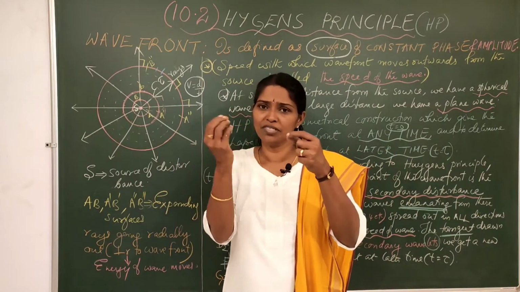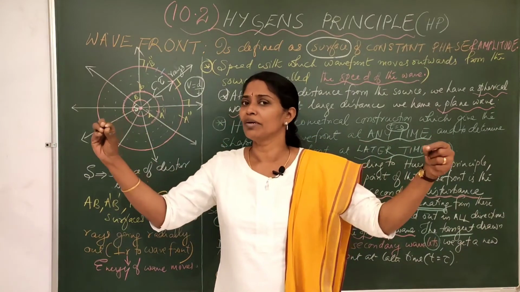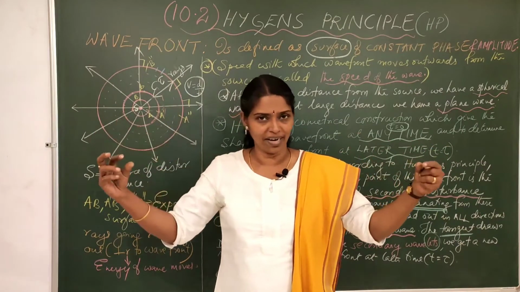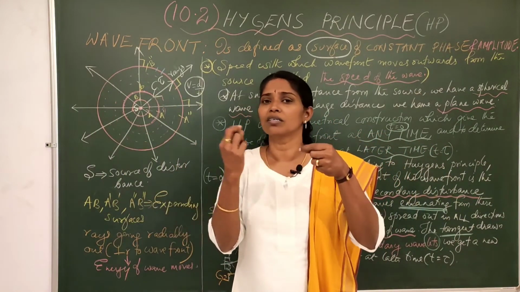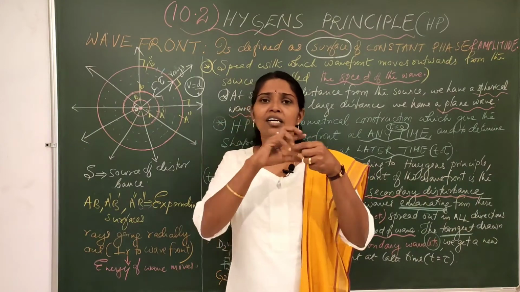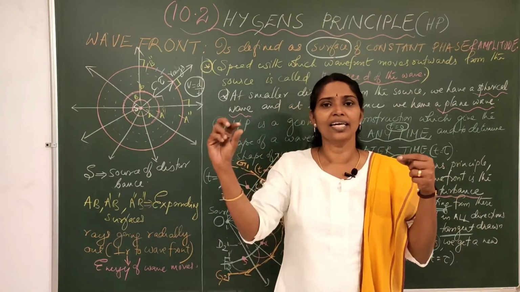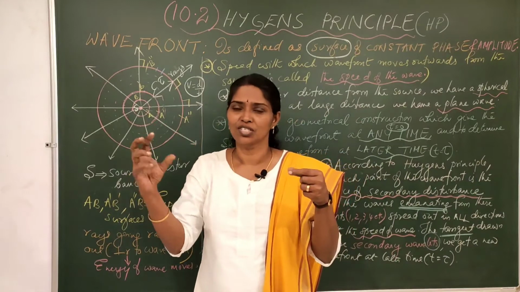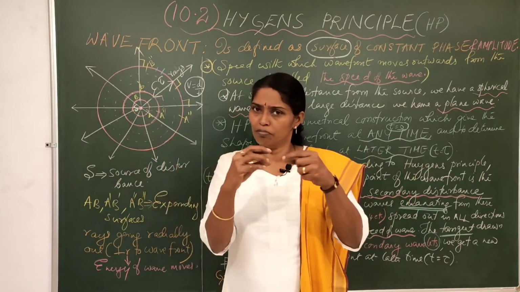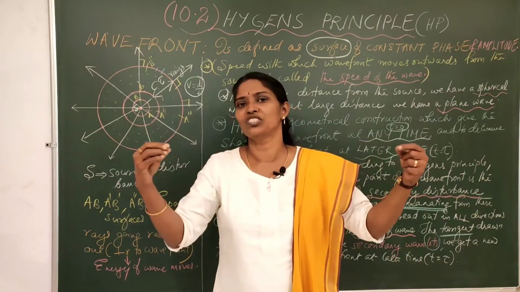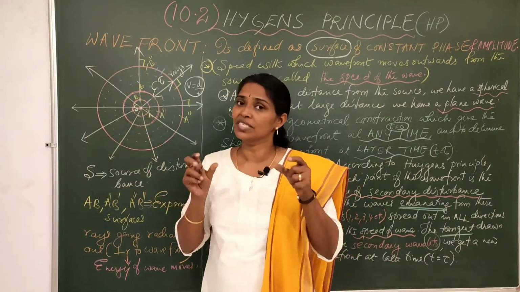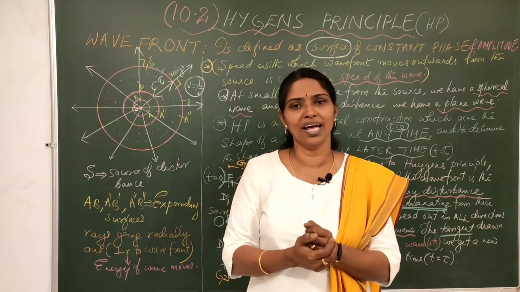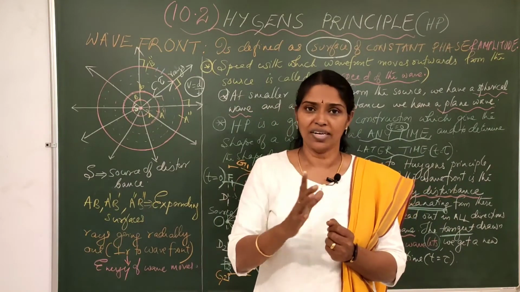We have pebbles just joined together to make a big chain. Similarly, on a chain you have a lot of pebbles. These pebbles, whatever you put inside to make a chain, you can take as points. So a lot of points put together form a chain. Same as the locus of points which have the same phase and amplitude is known as a wavefront.